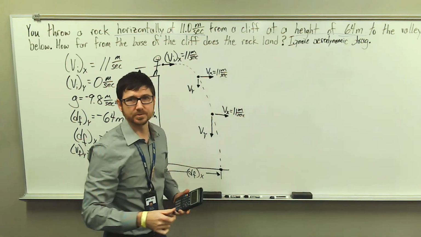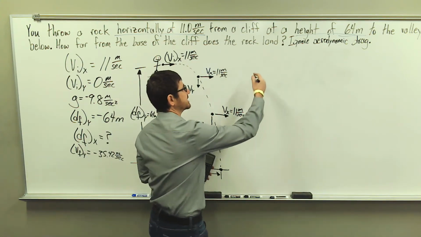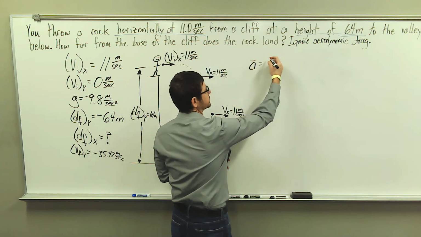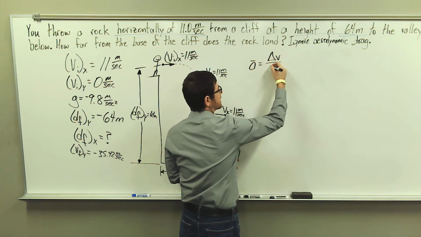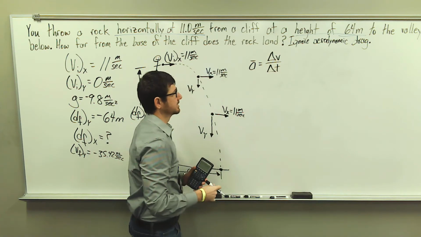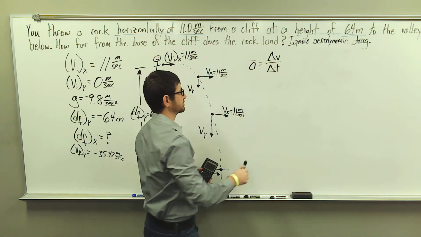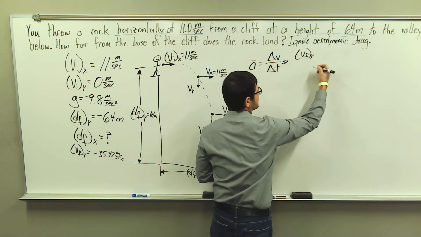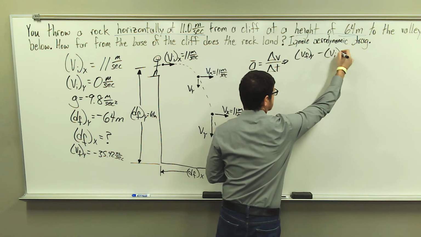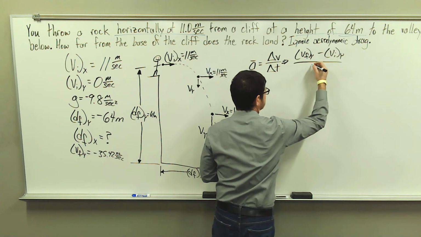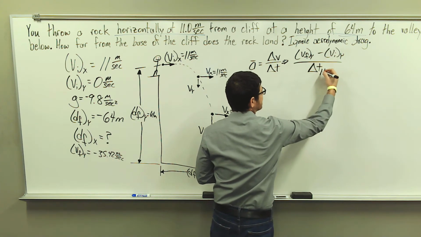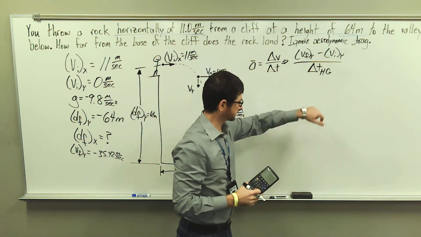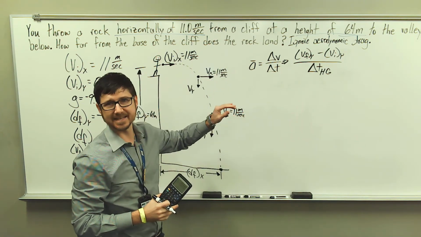So what we're going to do is use the base equation. The acceleration of an object is equal to the object's change in velocity divided by the time. Okay, so this is going to be the final velocity in the y direction minus the initial velocity in the y direction, divided by delta t, and I'm going to use a subscript here of hg, and that means to hit the ground.